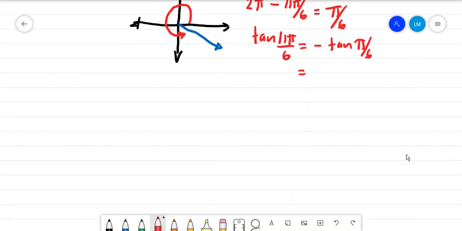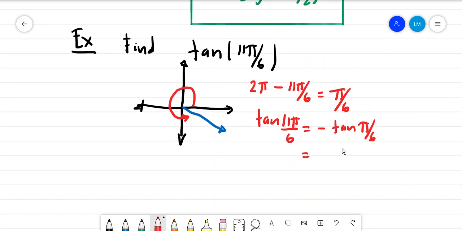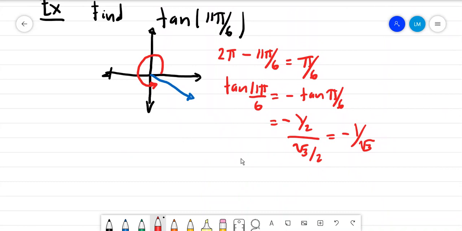Now you technically don't have to do it this way, but you can if you want. So you have negative 1/2 divided by root 3 over 2, which is equal to negative 1 over root 3. If you simplify this, that gives you negative root 3 over 3.